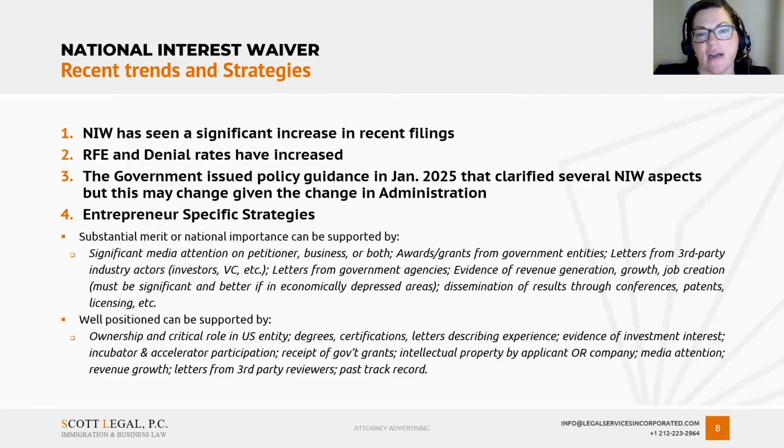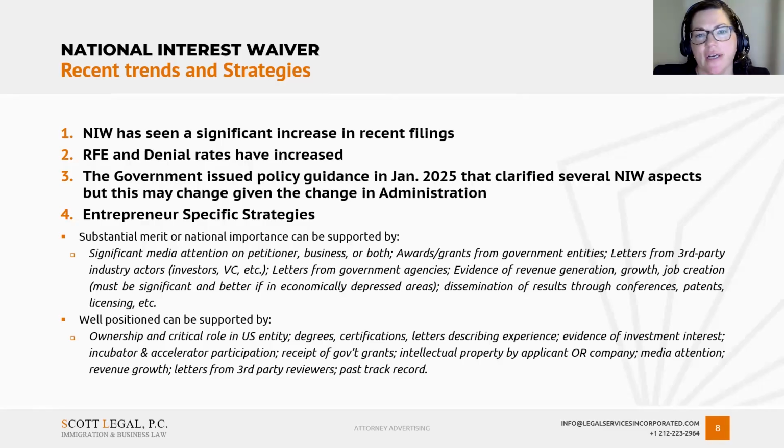The guidance did explain how it will evaluate the national importance, including what types of evidence you would want to provide that can demonstrate that national impact. Occasionally we do see changes in how USCIS will handle the cases and what they look at. But since 2025, we haven't seen too many other changes besides that policy change that the adjudicators would follow.